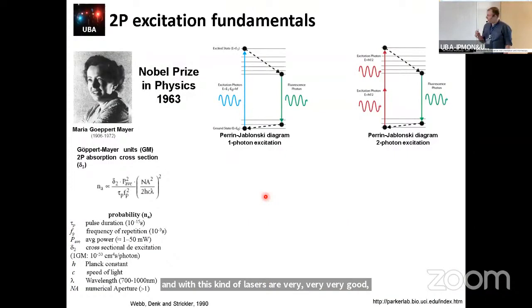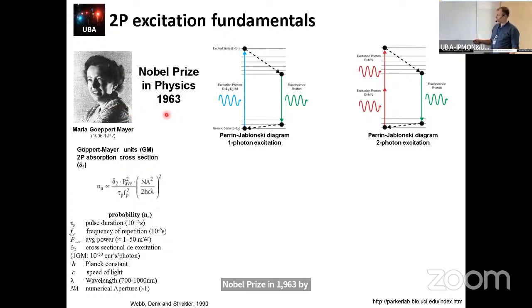I need to stop a little bit on two-photon excitation because we will use it a lot, and I would like to introduce the key concepts to understand why two-photon excitation occurs. We owe all the theory about two-photon excitation to Maria Goeppert-Mayer, who got the Nobel Prize in 1963 for her work in understanding the atomic nucleus.